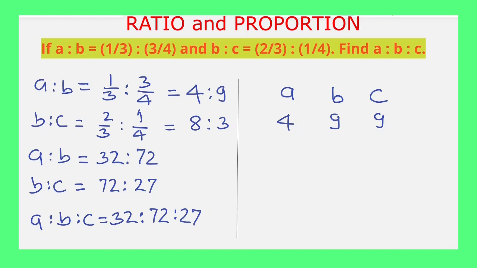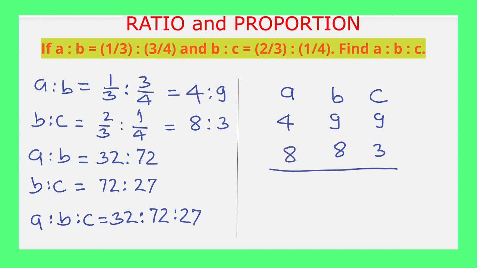So we write 8 below B and 3 below C. Now we write this 8 below A, as we had written 9 below C. The last number was 9 here, and we had written it below C. Similarly, here the 8 is below B, and we will write this 8 below A. So we get 8, 8, 3.